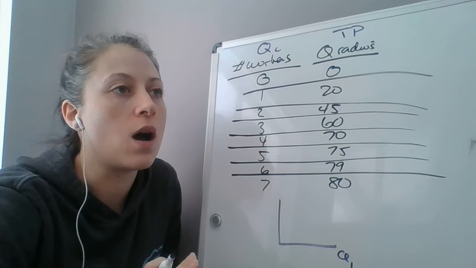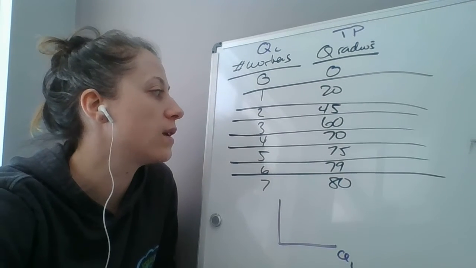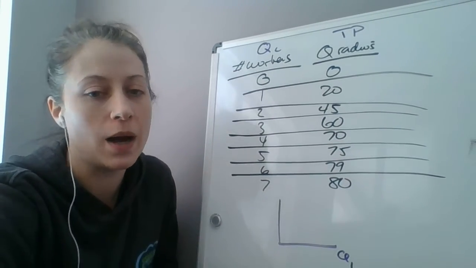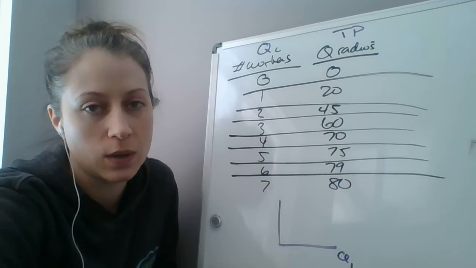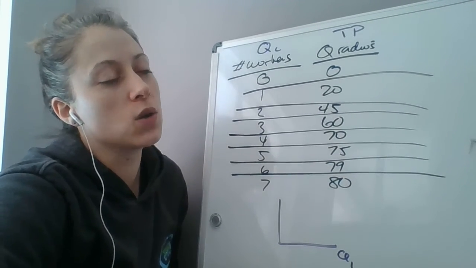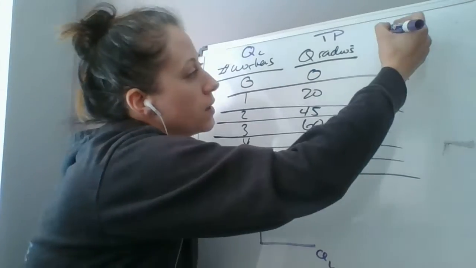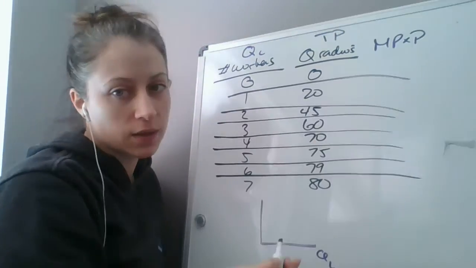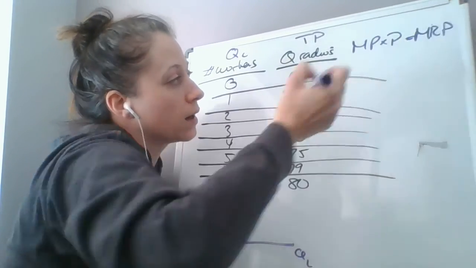I put it that way because you're looking at every single worker hired. How much are all of those workers combined? Let's say we're at 3 workers, all 3 workers are producing 60 units. What you're really going to need for the labor market is marginal product, because ultimately marginal product times the price of the radio in this case is equal to marginal revenue product.